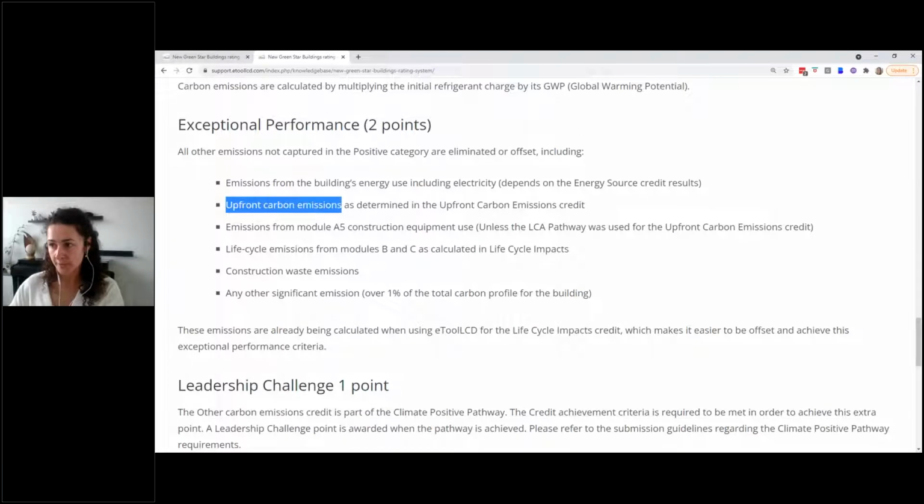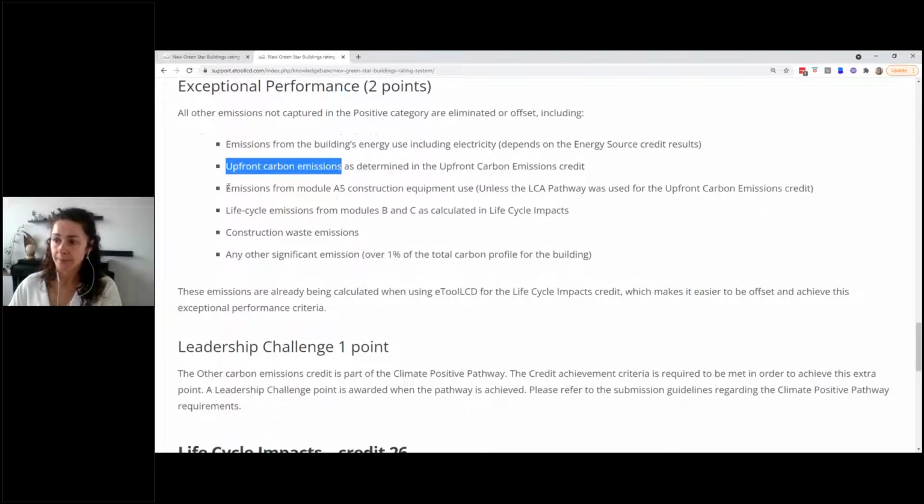You can also look at upfront carbon emissions, so you try to minimize them and then you can offset them to achieve extra points. If you're not using the LCA pathway, you can also look at module A5, because in the upfront carbon calculator it's not included. But if you use the LCA pathway, it's already there, so you can ignore this point.